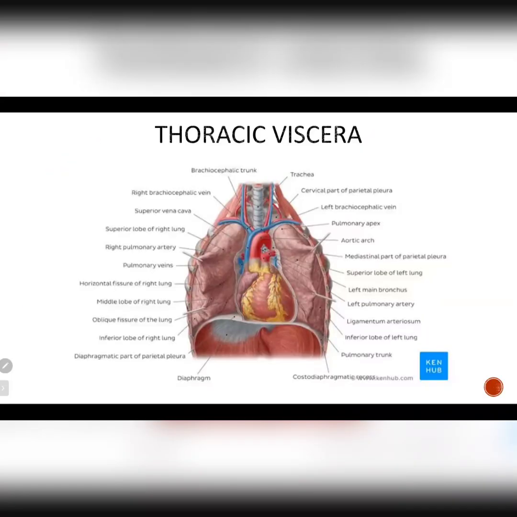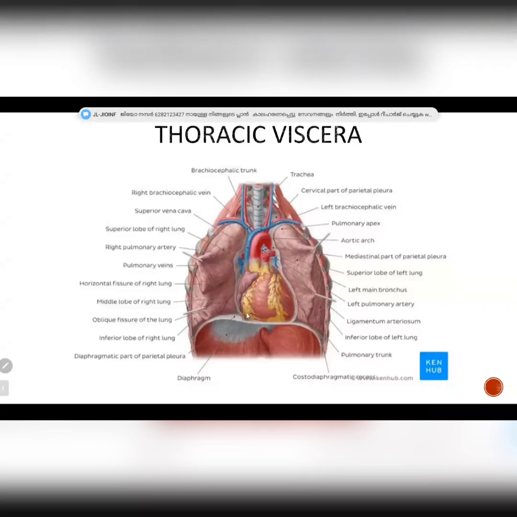We are going to start looking at the anatomical position, or the anatomical orientation, of the heart. We need to know that because, look at this picture. This is the medial surface of the right and left lung.